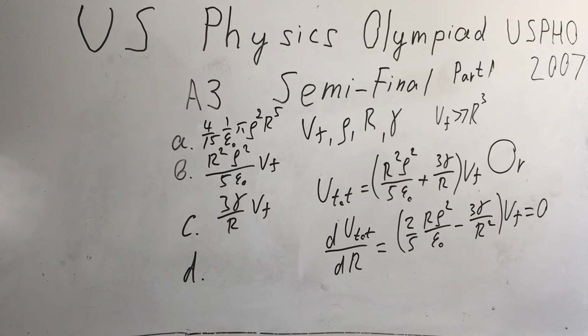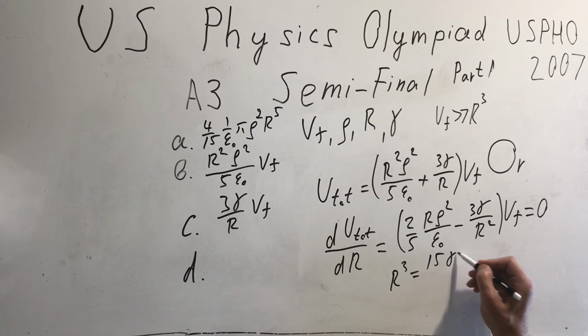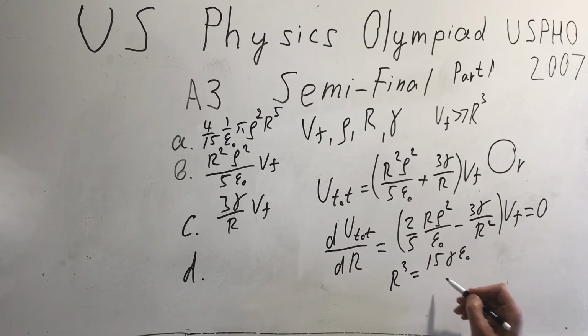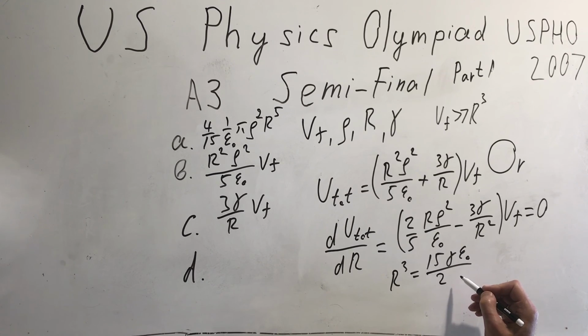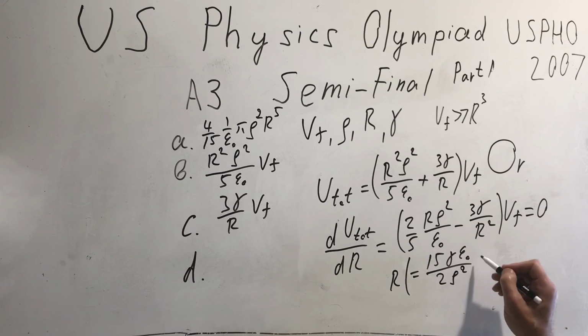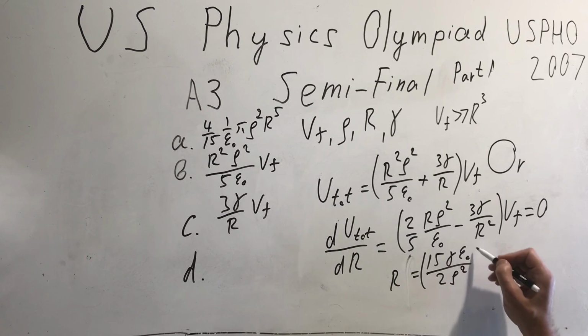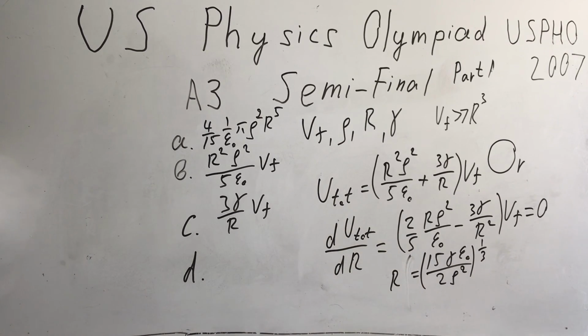The zero of this expression is for R cubed equals 15 gamma epsilon 0 over 2 ρ squared, and the radius will be the cube root of this expression.